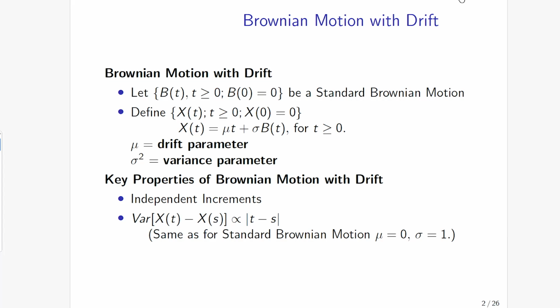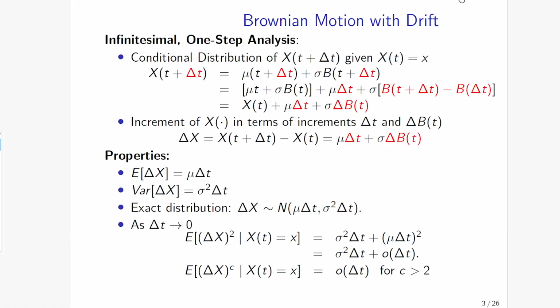So with standard Brownian motion, where we have a drift parameter of 0 and a sigma volatility of 1, the extension of these properties is to have the mean depend upon time with the drift parameter and the variance to be proportional to sigma squared times the length of the interval.